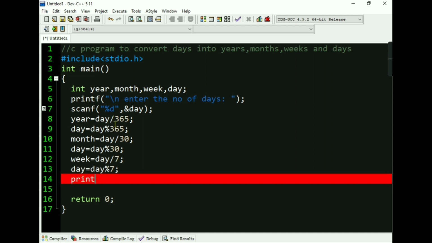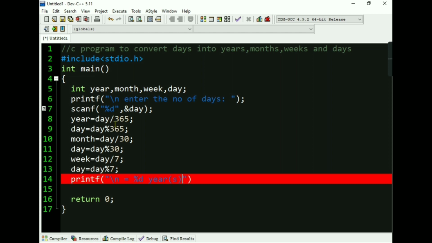Okay, now we have to print the information. For that, printf. We write equals to. Okay, equals to means the number of days equals to, we write a %d year, and in brackets we will write s.